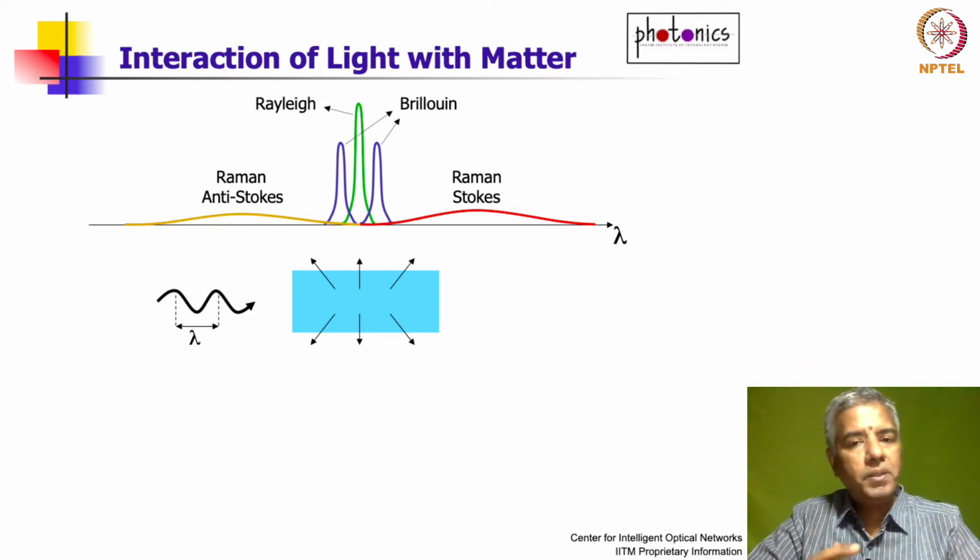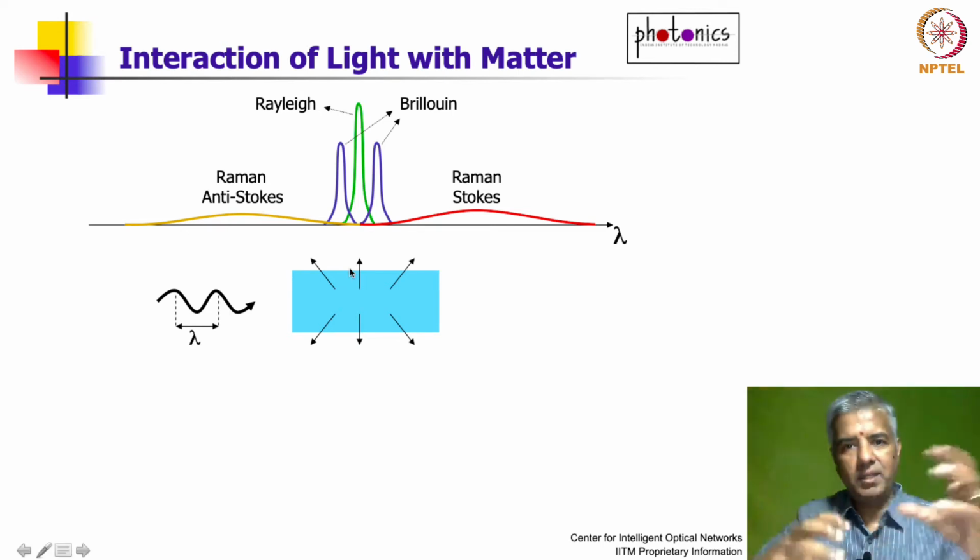Now that happens all along the length of the fiber. But light can also get scattered by what are called phonon modes, some vibrational modes that exist within this material, what are called acoustic vibrational modes.